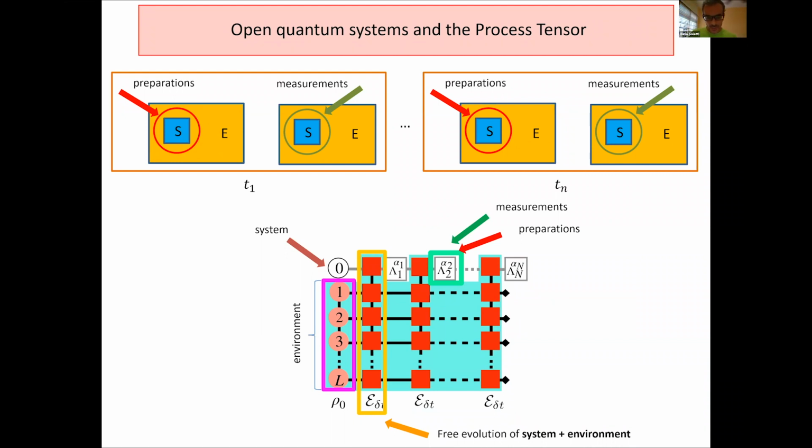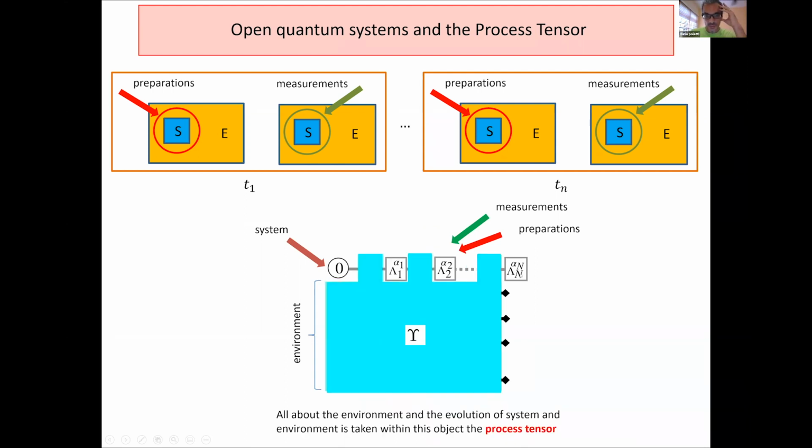Now, if you look at this whole process in detail, and you remove whatever you do yourself, for example, the initial preparation of the system and all the other measurements or preparations, you are left with what is called in the literature the process tensor. Okay, and as you can see here, it ends up being a tensor with a number of legs, which are basically these gray legs that come out here.